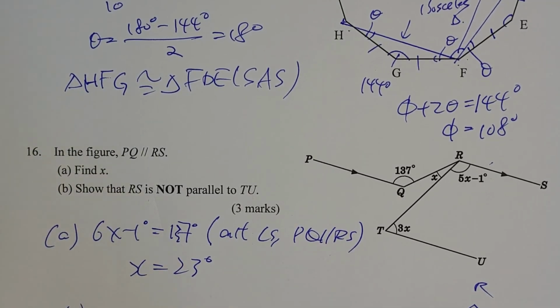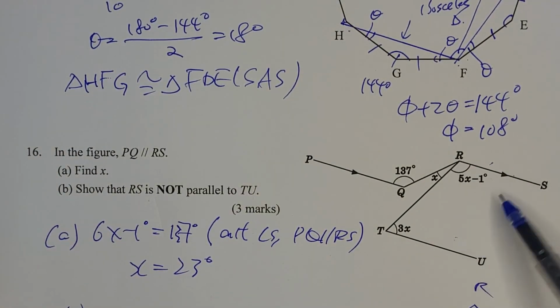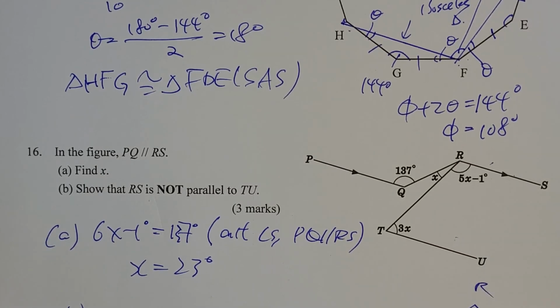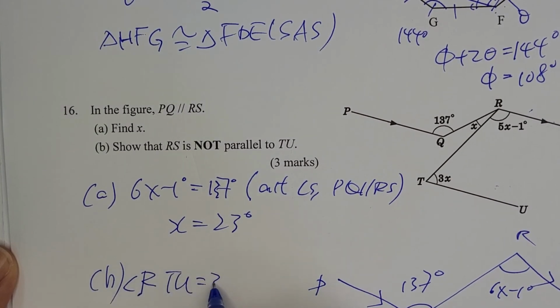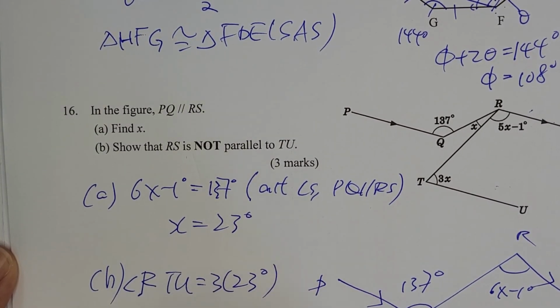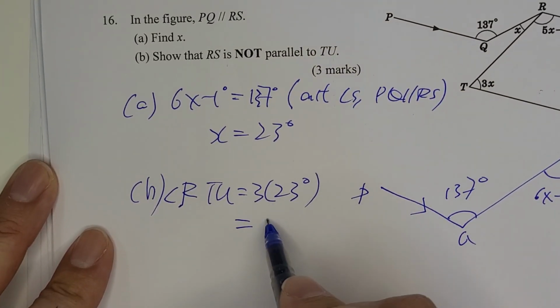And B, you need to show that these two lines are not parallel. Okay? So find angle RTU, that is 3 times 23 degree, that is 69 degree.